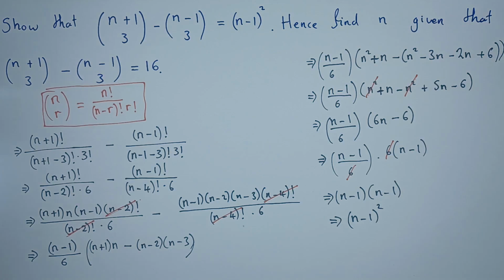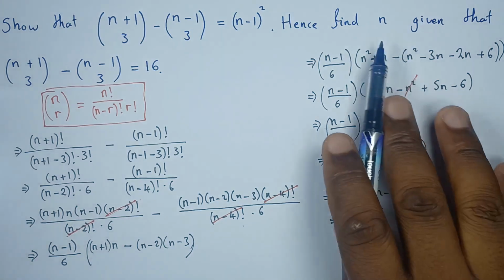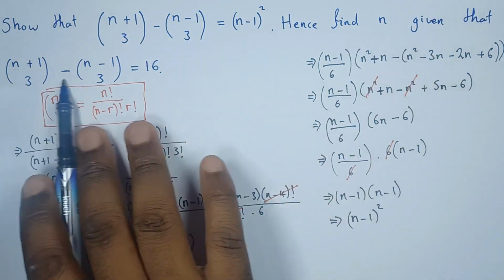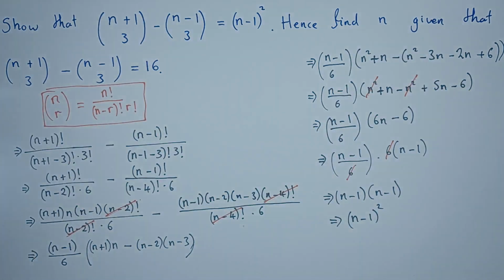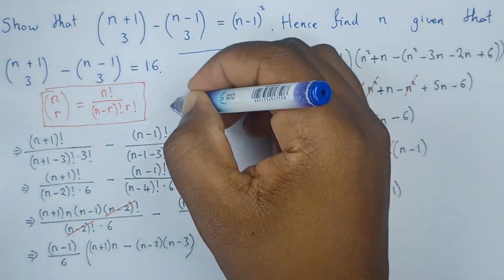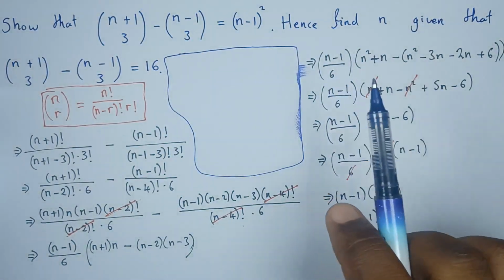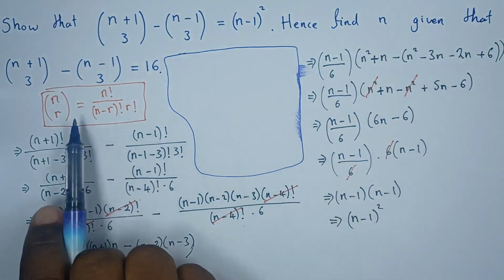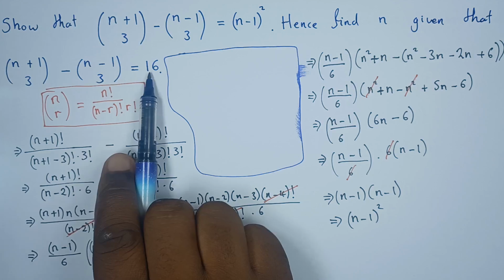Then now the second part of the question is even way easier. It says find the value of n such that we have this expression. So to find the value of n that they're asking for, let me create some space. It's just a short question. Remember this whole thing is equal to 16.